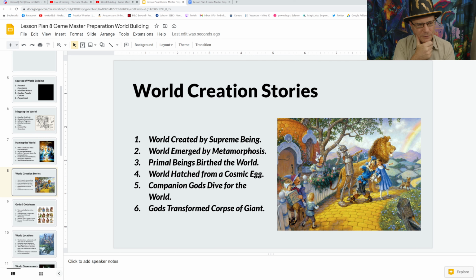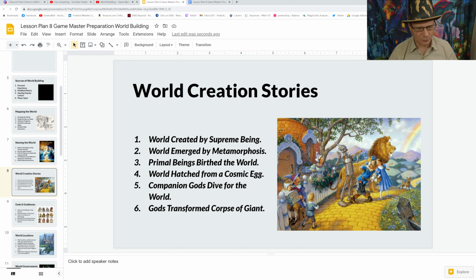World creation by supreme being. So these are the basic ones. The world formed by metamorphosis, blimey. Primal beings birthed the world, hatched from a cosmic egg, companion gods dive for the world.